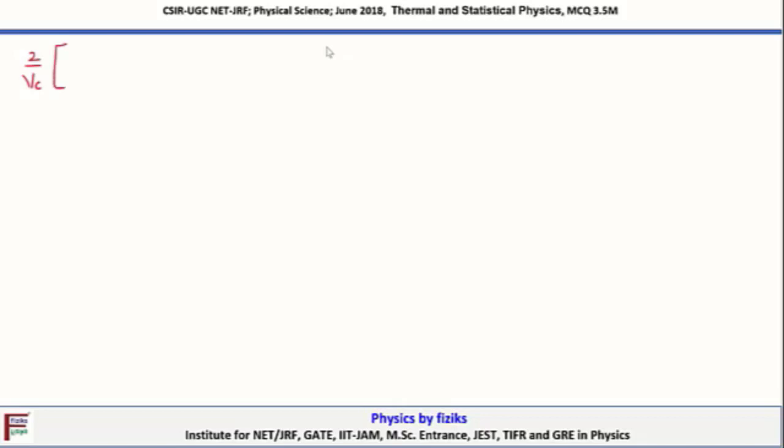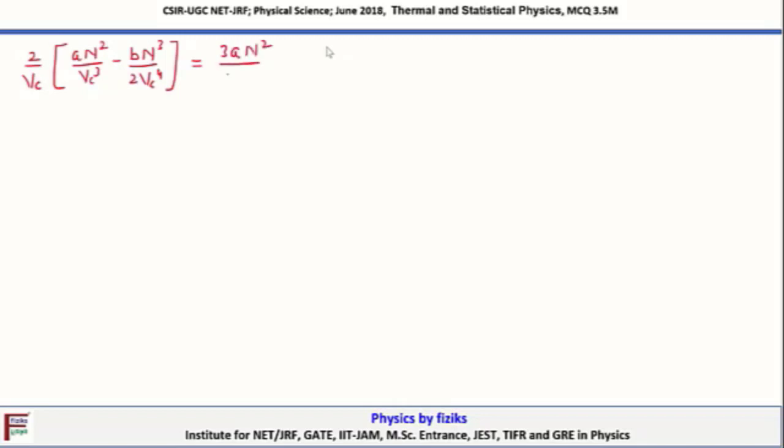Now the value of nkT by Vc, that is equal to a n square upon Vc cube minus b n cube divided by 2 Vc^4. I hope this step is clear, because we have simply substituted the value of nkT by Vc square from equation 3.